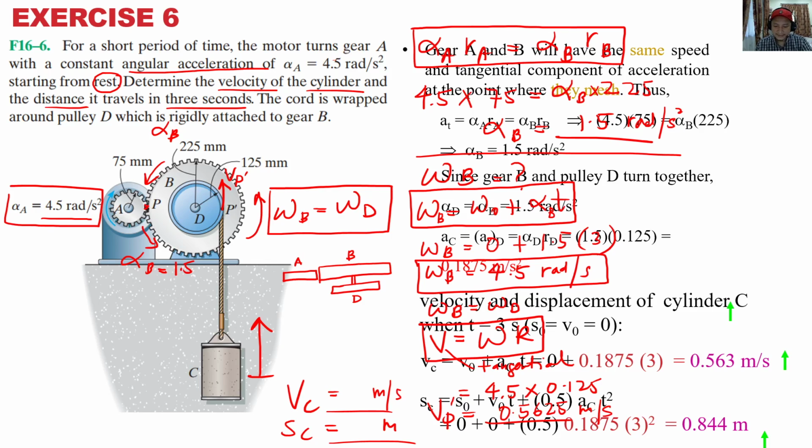What else? We need to find displacement. You can find displacement using the third formula probably, or the second formula. One thing you need to take note of is that the first, second, and third formulas can only be used for constant angular acceleration.